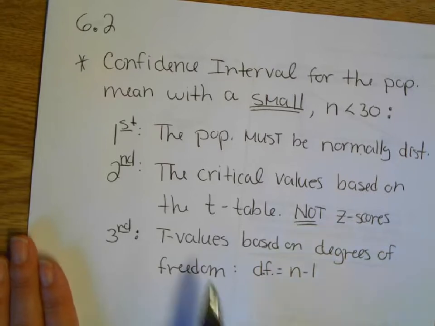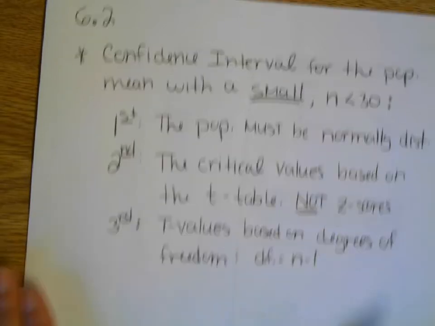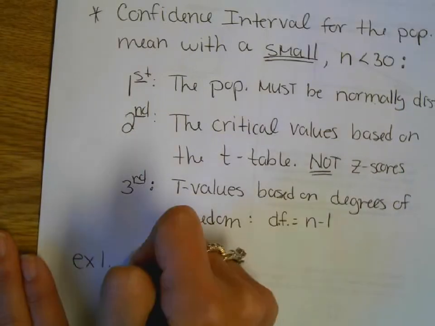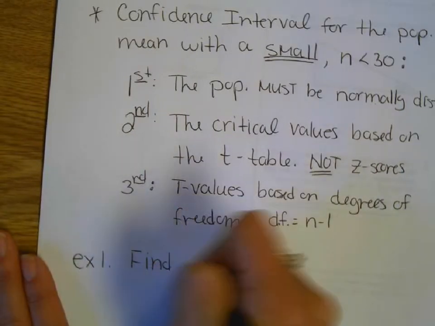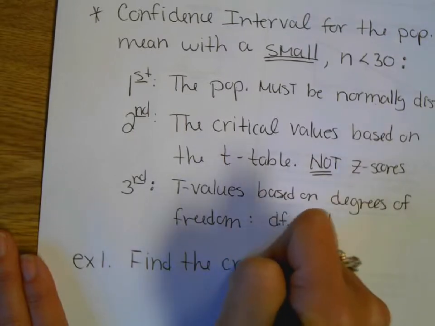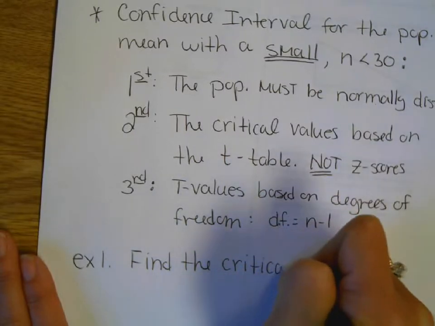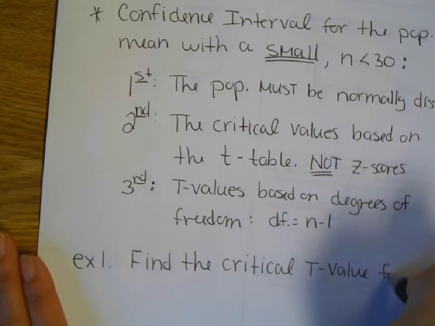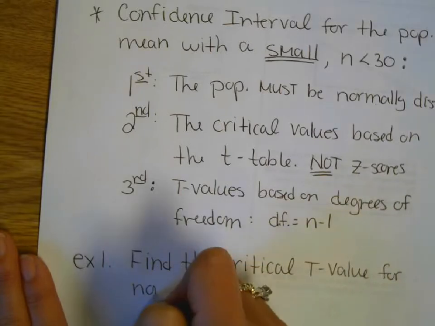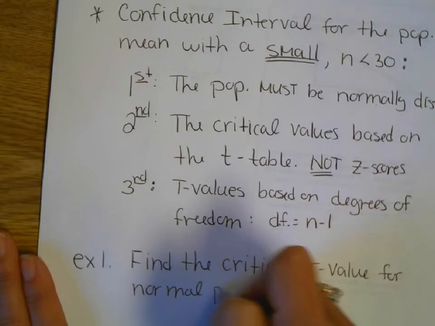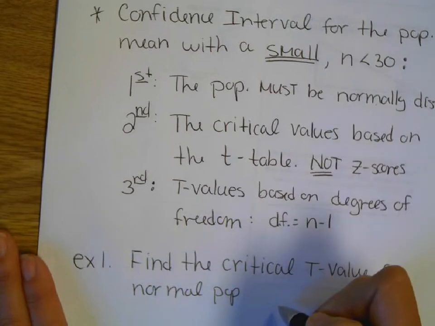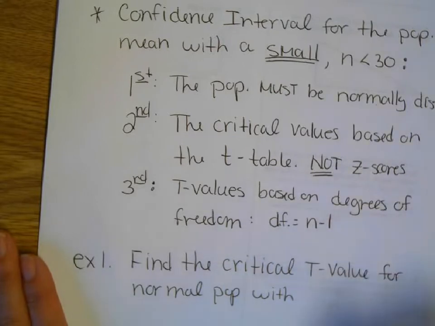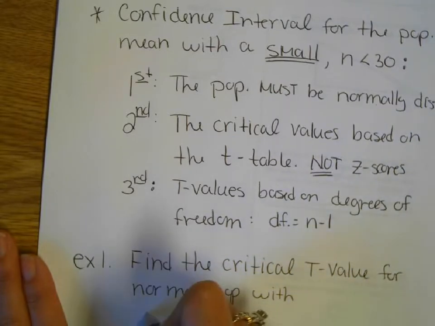So before we actually do a confidence interval, we're going to learn how to read the t-table. So our first example is reading the t-table. Find the critical t-value for normal populations with, let's say, sample size, we'll do 2 of them.